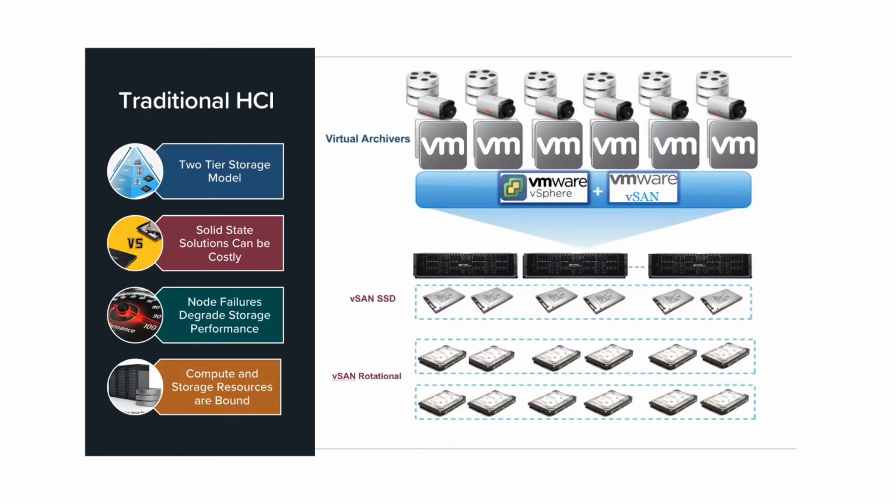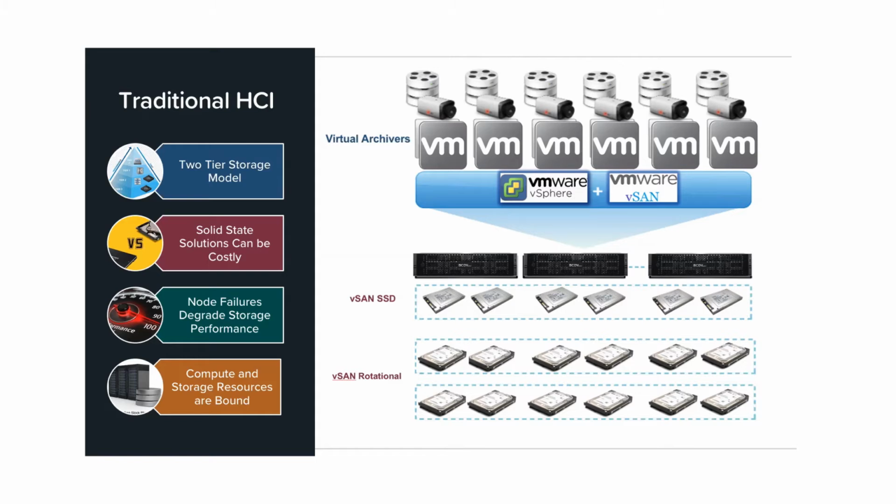What winds up happening is when you have 3 or 4 nodes and you fail one node, when you involve rotational drives, you've reduced your rotational spindle count and you reduced your capability to handle that ingress data coming in. To offset that, in most cases, you have to move over to an all SSD or all flash tier. The problem with that is it's not typically cost competitive to do that.